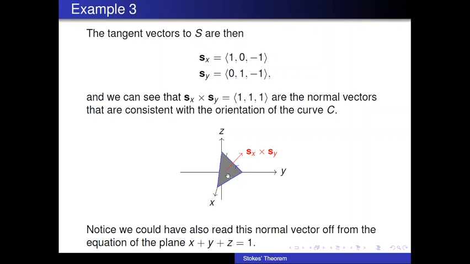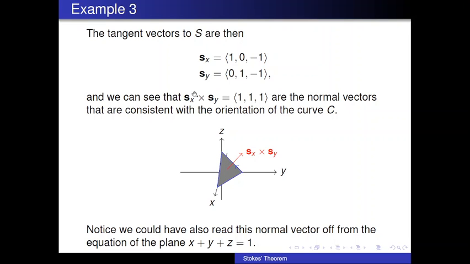Now notice another thing: since we knew that this triangular region came from the plane x plus y plus z equals 1, you could have read this normal vector off immediately from the equation of the plane. And the fact that the normal vector field is constant shouldn't be surprising because, as we saw before, the normal direction to something flat like a plane is not going to change as you move around that object.